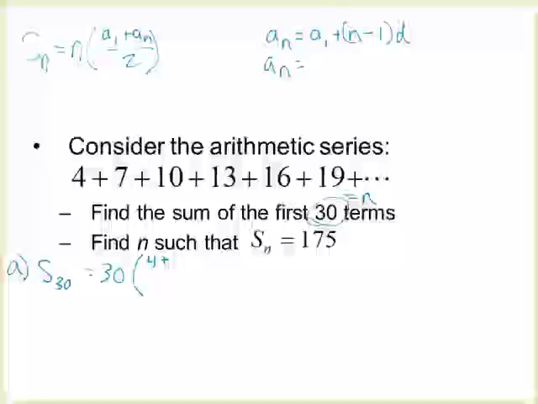So a sub 1 is 4, plus n minus 1 times, what is d for this sequence? 3. We're adding 3 each time. So we can distribute that 3 and combine like terms to find our rule is 3n plus 1.